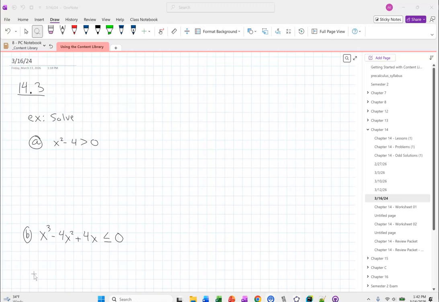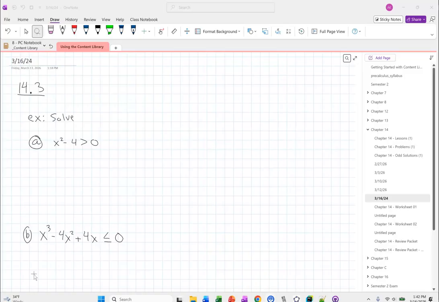Alright. So in section 14.3, we're going to be talking about solving inequalities. What's the difference between solving an inequality and solving an equation? Okay, there's no equal sign. So what's that mean in terms of the kind of answer you're going to get? How many of those numbers are there going to be typically?